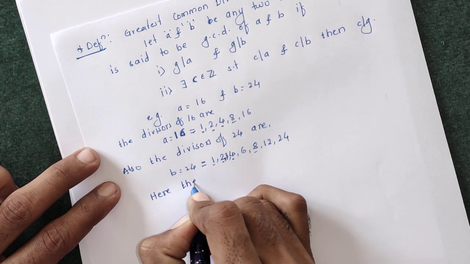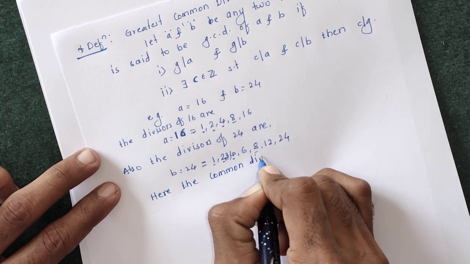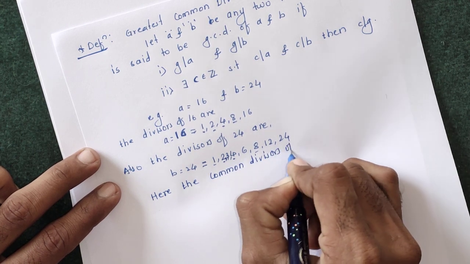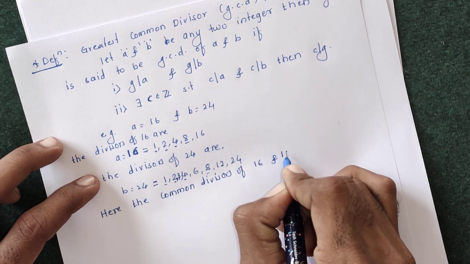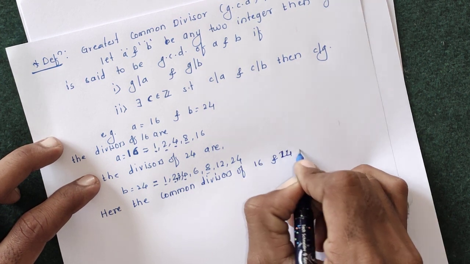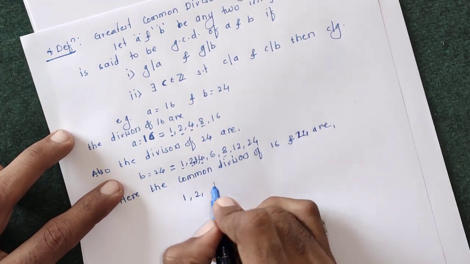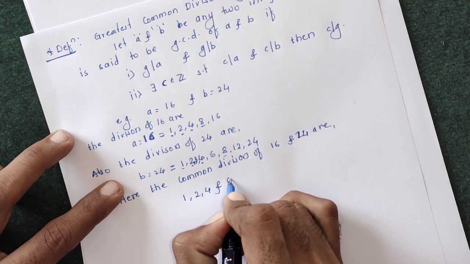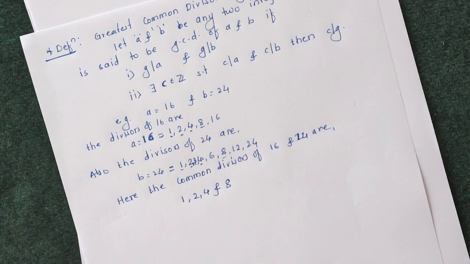So the common divisors of 16 and 24 are 1, 2, 4 and 8. Now we want to find the GCD of 16 and 24.